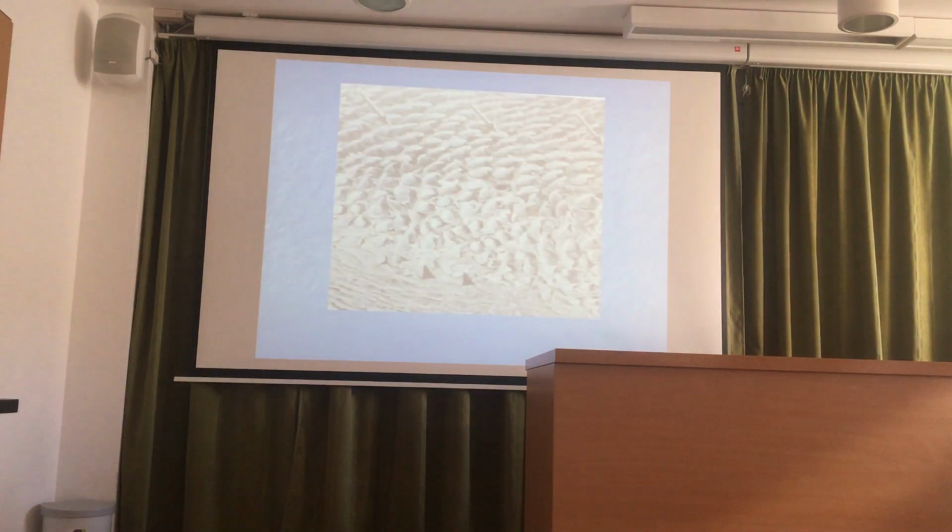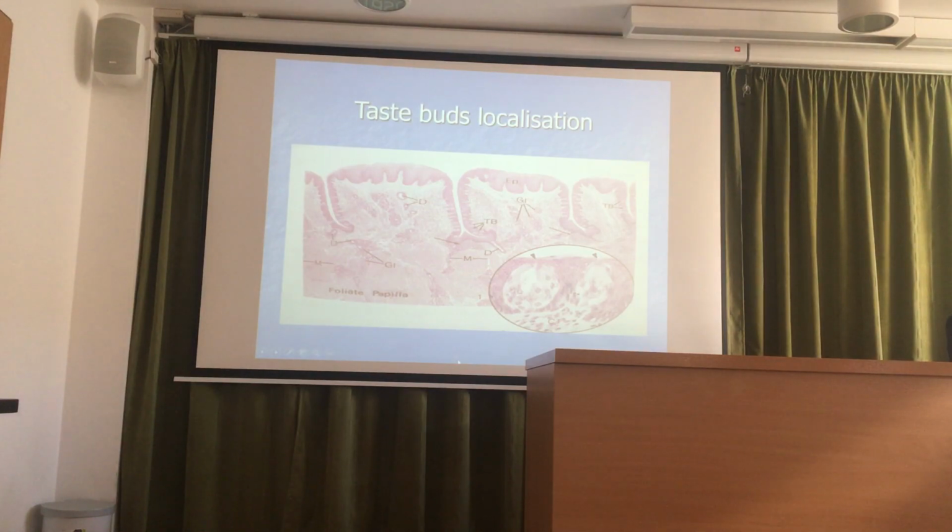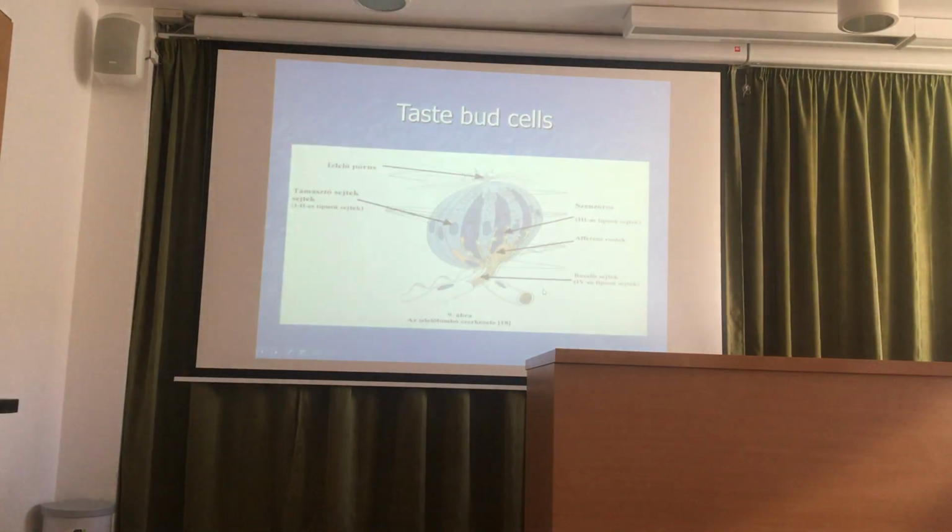The taste buds. So this is the taste bud. These are the papillae, for example, a circumvallate papilla, and in the fissure of the circumvallate papilla, in the epithelium, you can find the taste buds. So this is the structure of the taste bud.